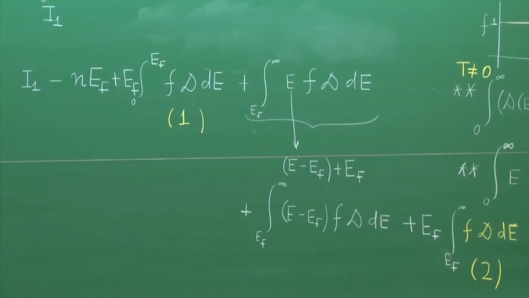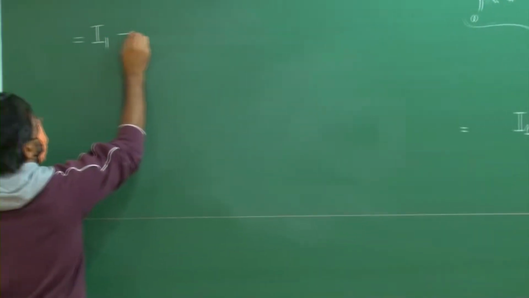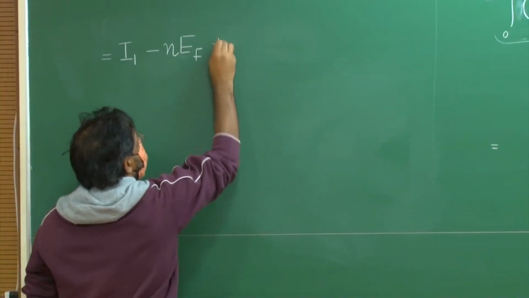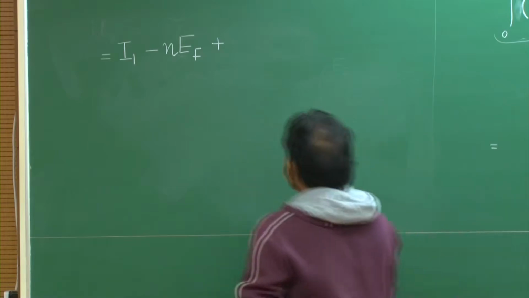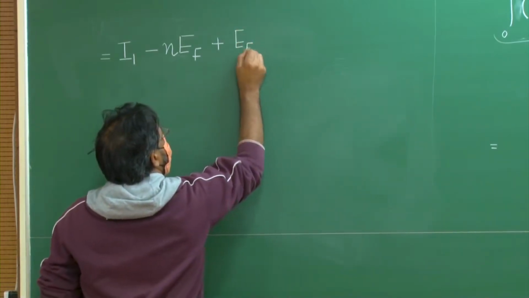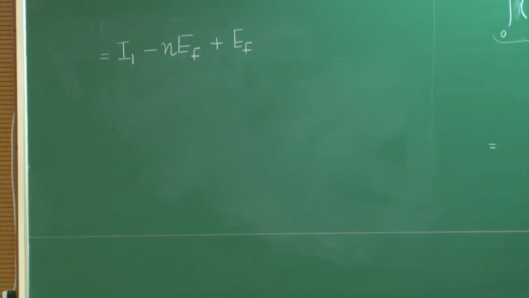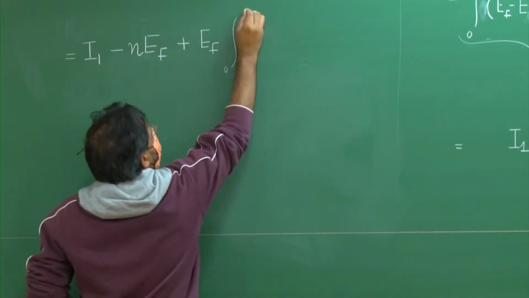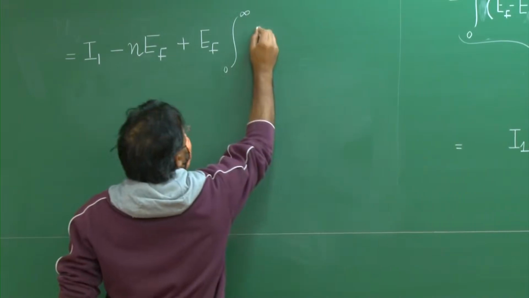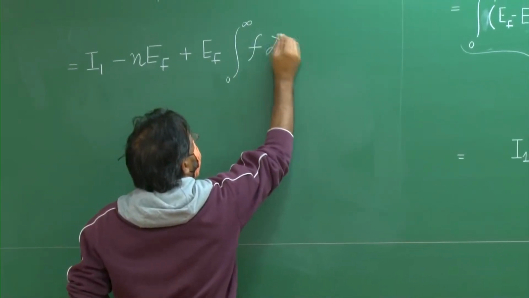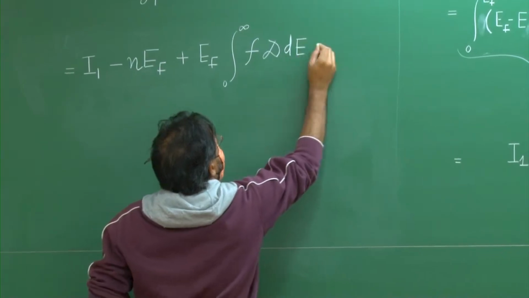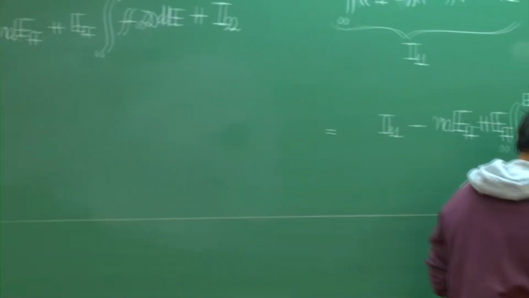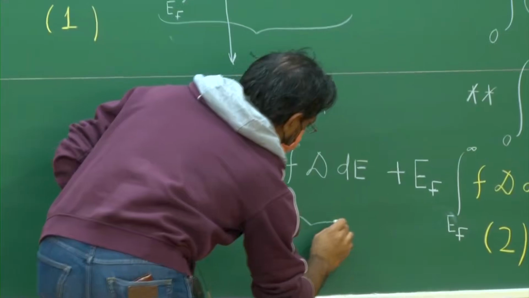I will get I1 minus NEF plus EF, and since I am combining this, this is 0 to EF and this is EF to infinity, so it will become 0 to infinity, and what is inside is just F dD/dE, and I have this integral I2, where I2 is this. This integral has been named I2.